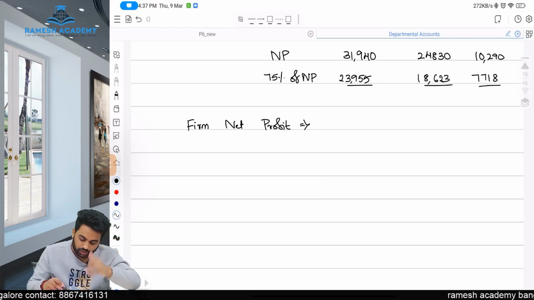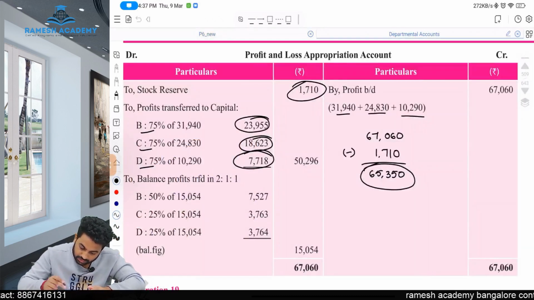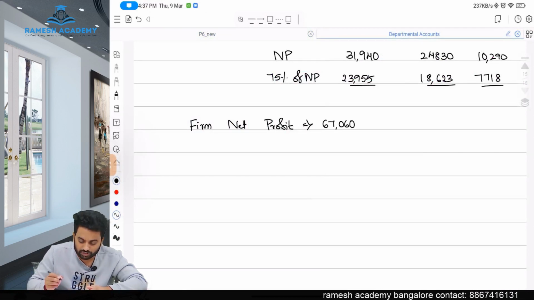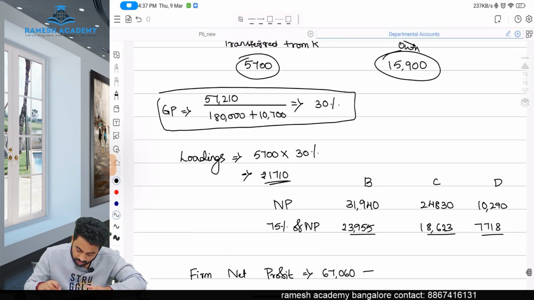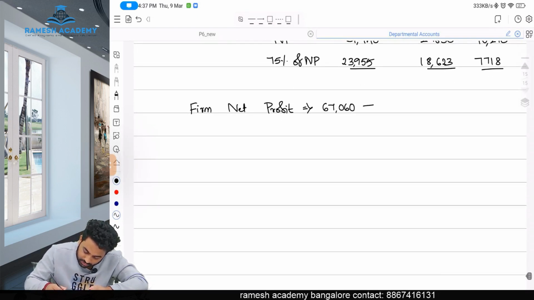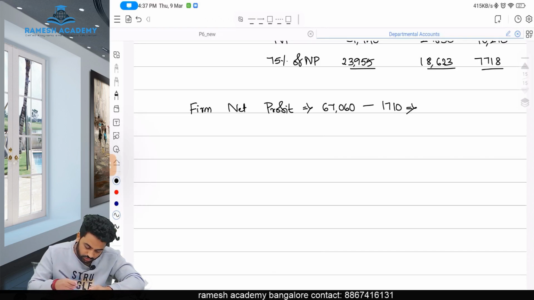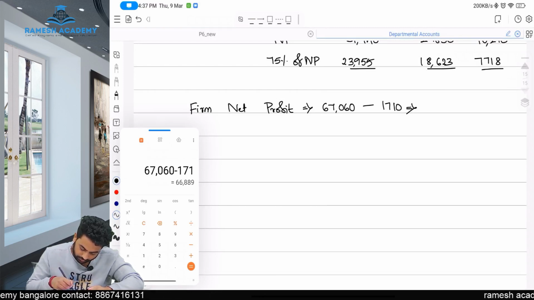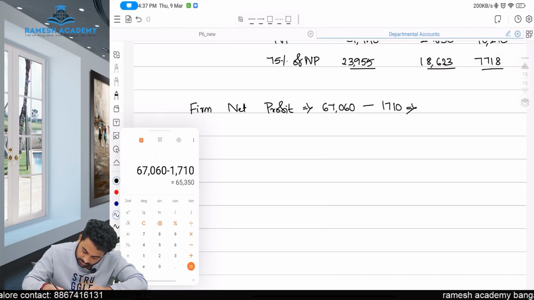Firm's net profit is 67,060. Out of 67,060, there is a loading of 1,710, which is not realized. So the firm's profit for the period is 67,060 minus 1,710, which comes to rupees 65,350.